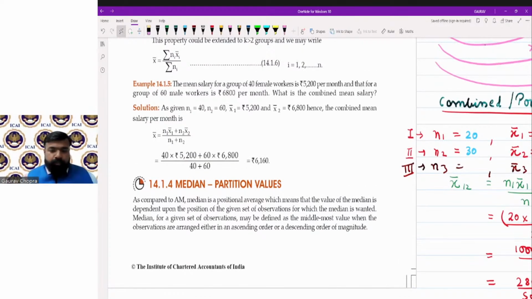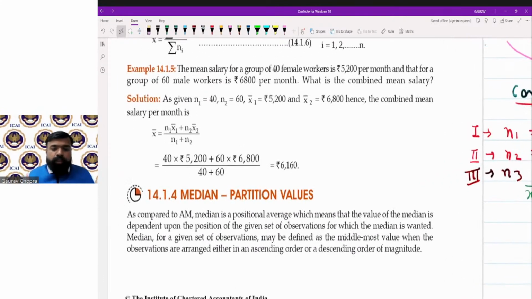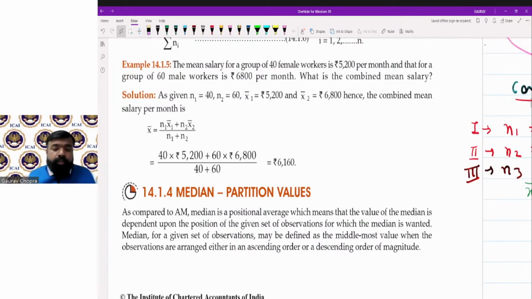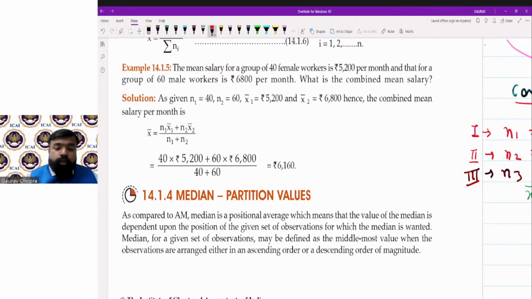So this we have done. So one example is given based on this formula. The mean salary of a group of 40 female workers is 5,200. So this 40 is N1 and mean salary 5,200 is X bar 1. And that for a group of 60 male workers.